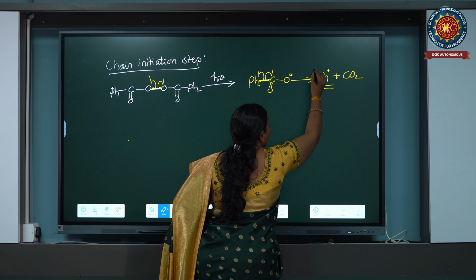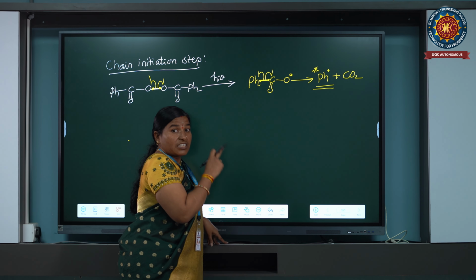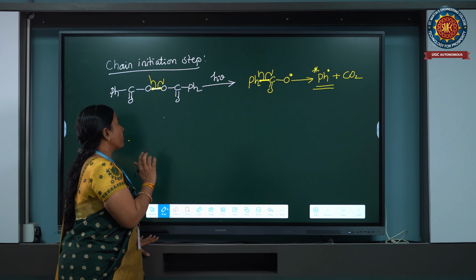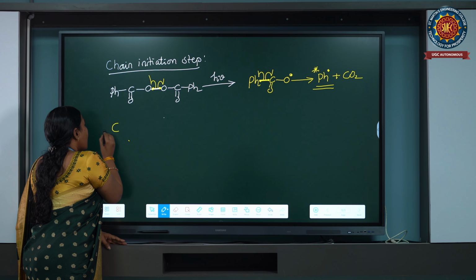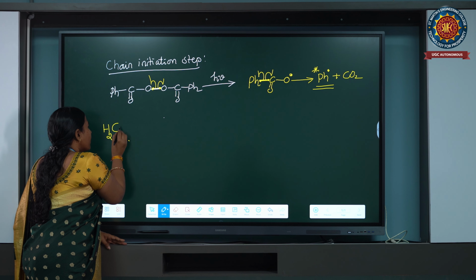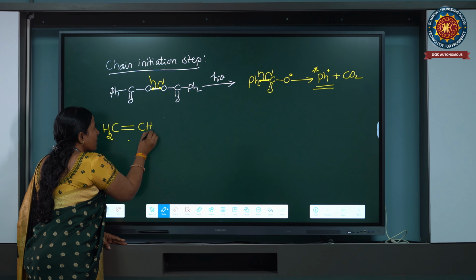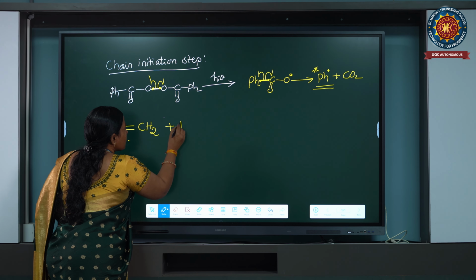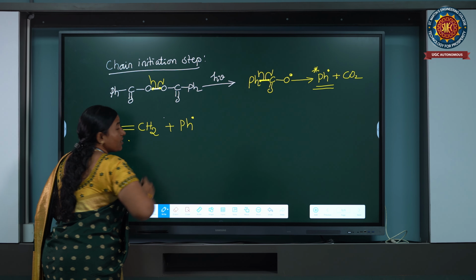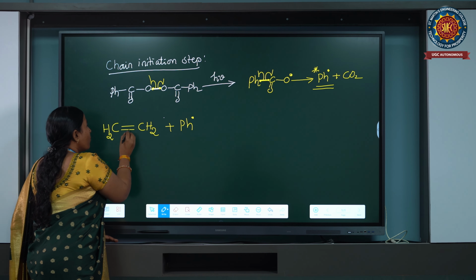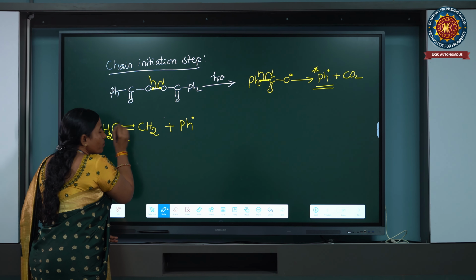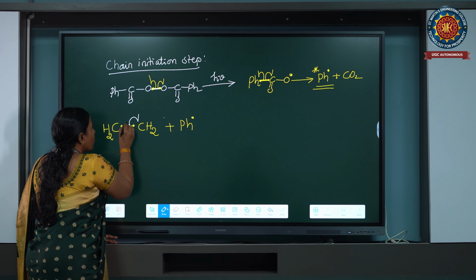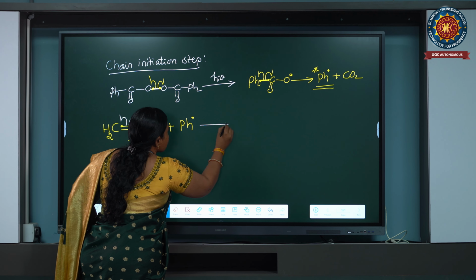Now this is only the initiator. This only starts the reaction for the polymerization. Now come to the monomer. I am taking one of the monomers, ethylene. Because of the presence of the phenyl radical, this bond is going to break, which is homolytic cleavage in the presence of sunlight.